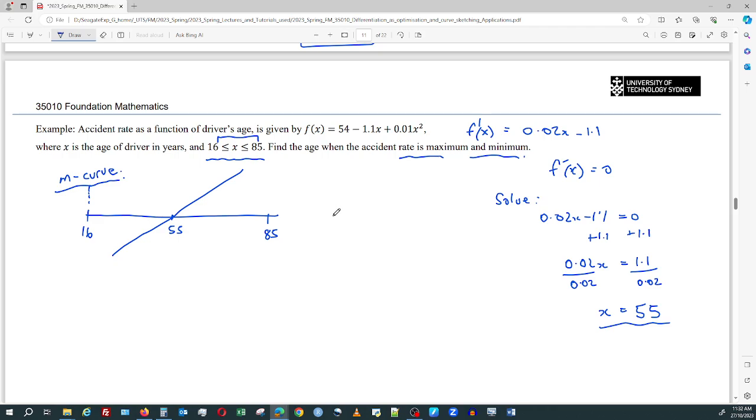So we need to just check a couple of values below and above that. So can we check 50? Can we check 50? So 50, 2% of 50 is still going to be 2% of 50.